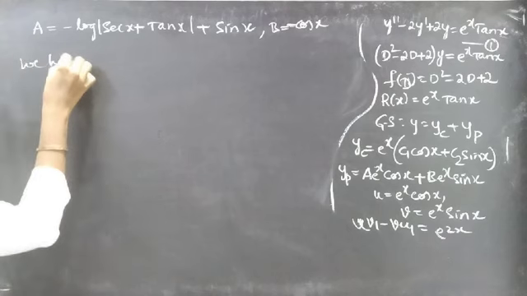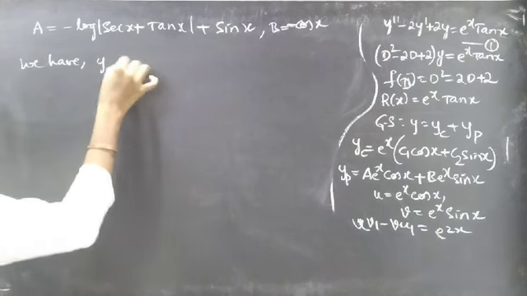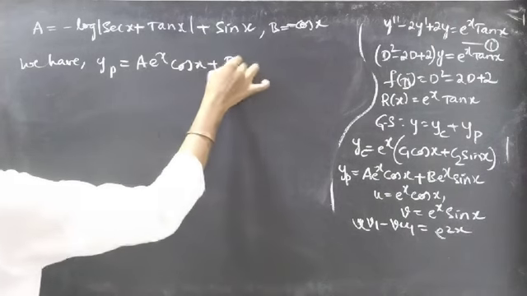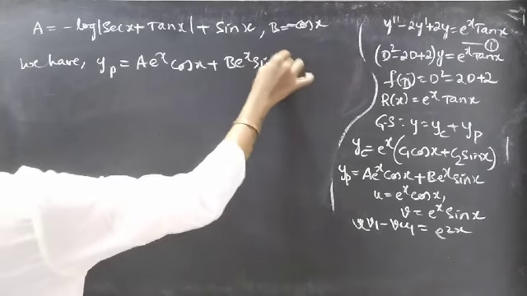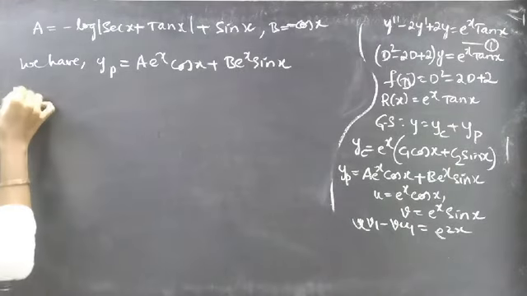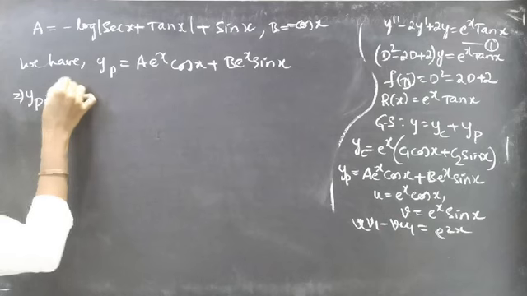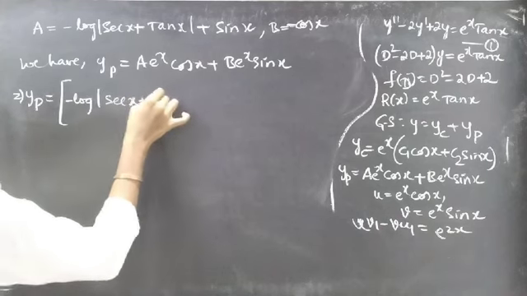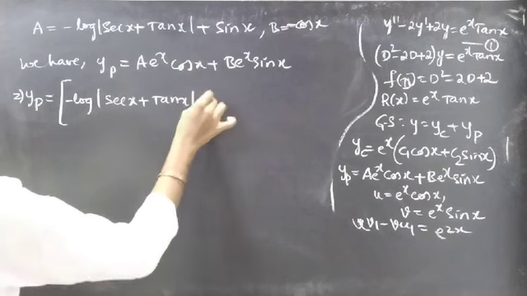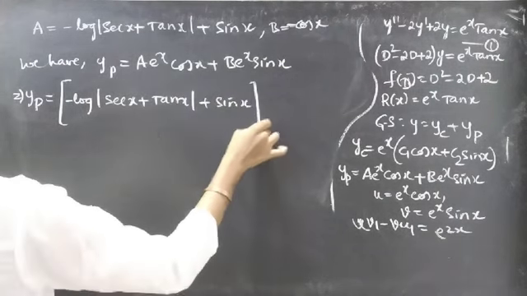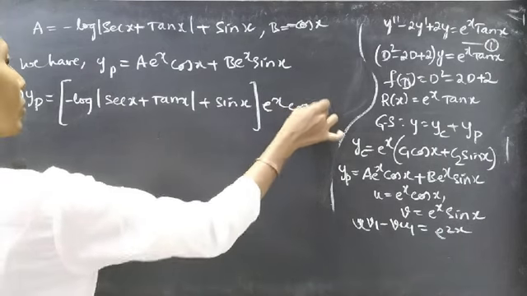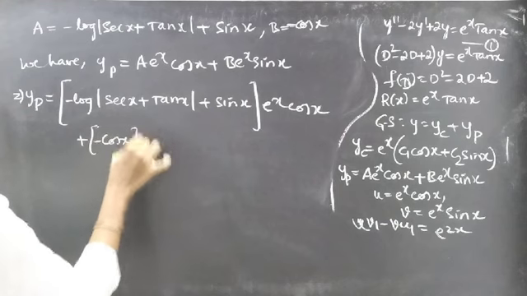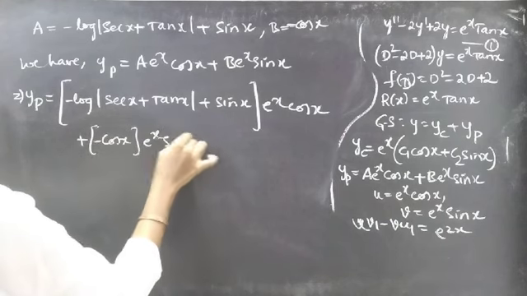We have yp equal to a e power x cos x plus b e power x sin x, right? Let's replace a and b here. Then yp equal to a, minus log mod secant x plus tan x plus sin x, into e power x cos x, plus b, minus cos x, into e power x sin x.